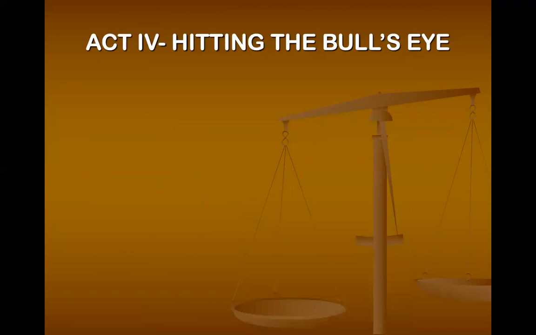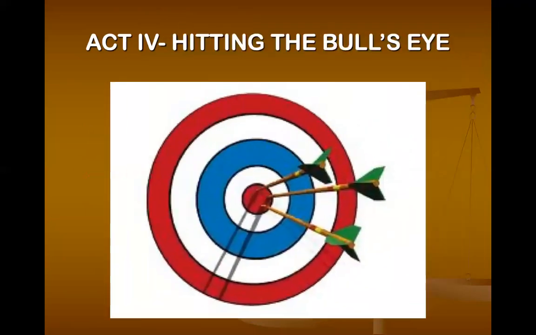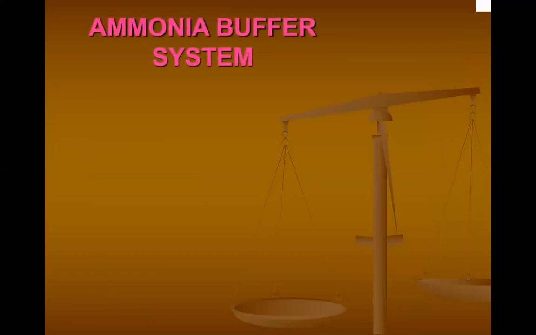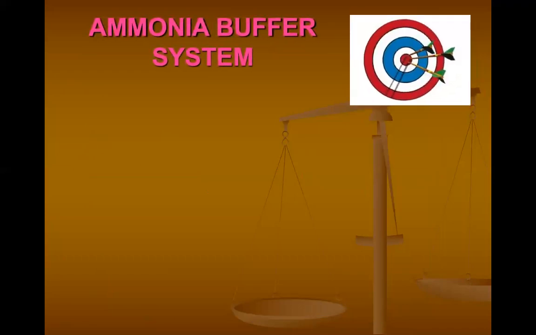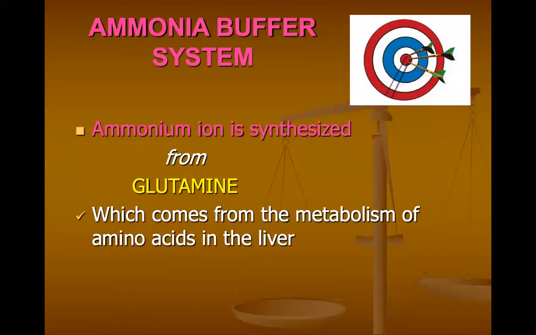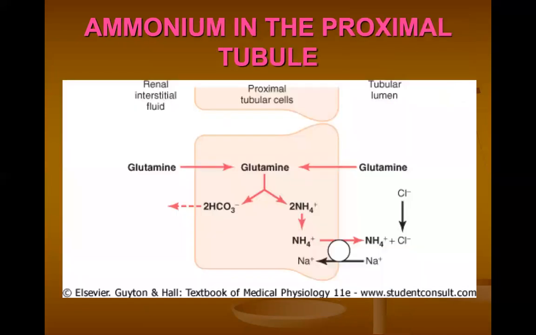Finally, hitting the bullseye. This comes with the ammonia buffer system. Ammonium is generated from glutamine, which comes from the metabolism of amino acids in the liver. And this glutamine generates 2 NH4 plus and 2 bicarbonate.